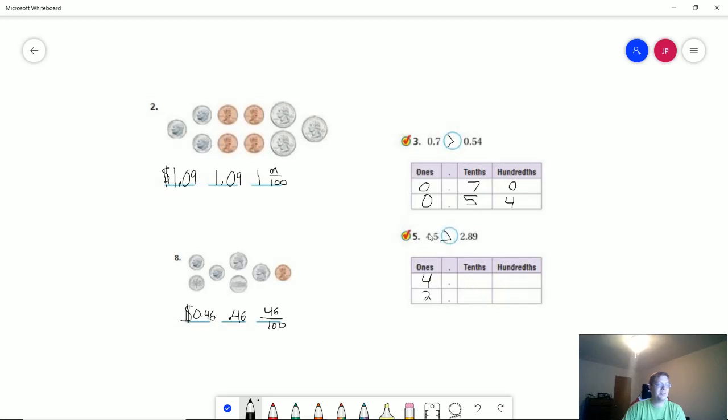But to finish out this part, we can go ahead and put a 5 for the tenths place, and a 0 for the hundredths, an 8 for the tenths place here, and a 9 for the hundredths place here. And so we'll be doing a lot of work with these types of comparisons as we start to get later into the school year. And that will get us ready for working on other things, working with decimals.